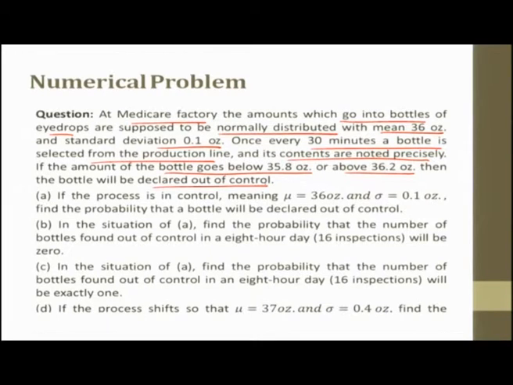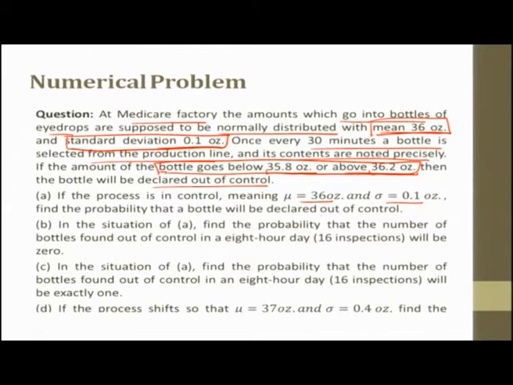So you see the figures, mean is here, standard deviation is here. The bottle will be considered out of control if it is outside 35.8 and 36.2. First question: if the process is in control, that is mean is equal to this and sigma is equal to this, find the probability that a bottle will be declared out of control.